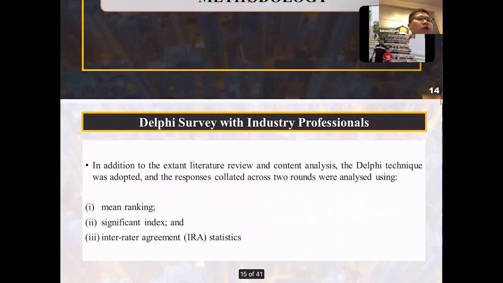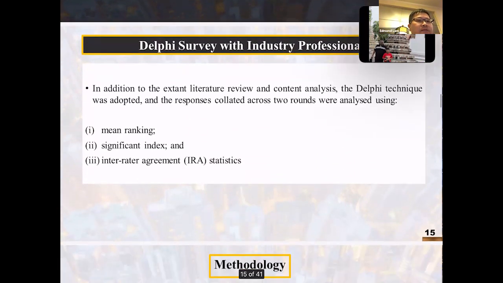We would like to make use of a survey with research professionals, and additionally extend the literature review and content analysis. We adopt the Delphi technique, and the responses can be collated across 2 rounds of Delphi survey using the following techniques: mean ranking, significance index, and inter-rater agreement statistics.